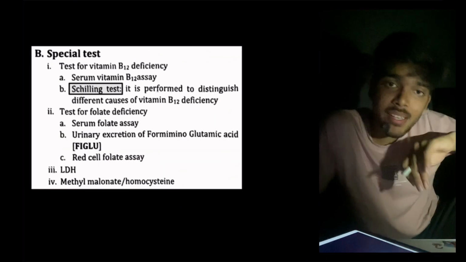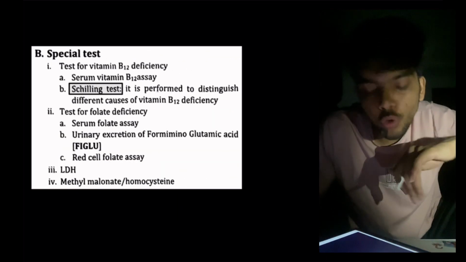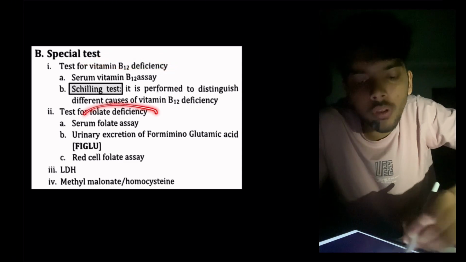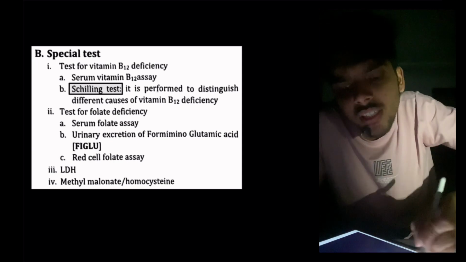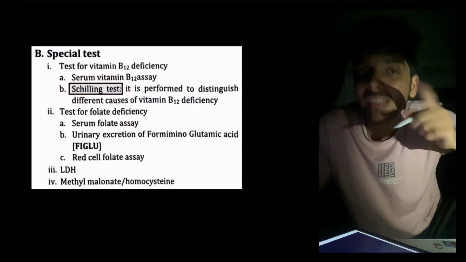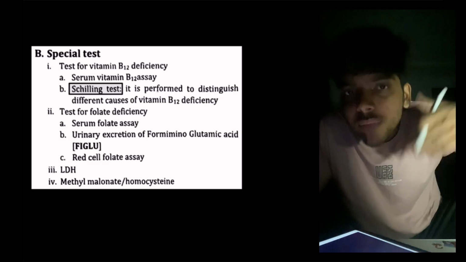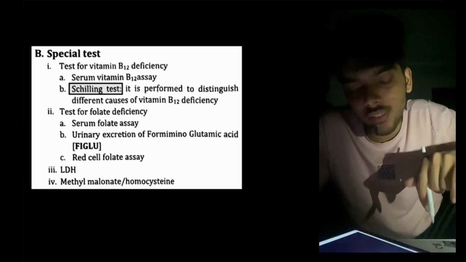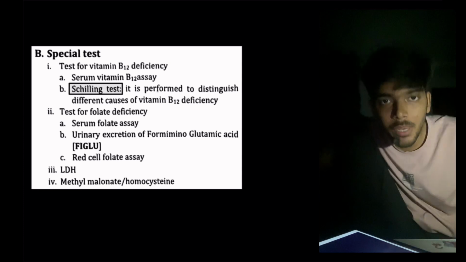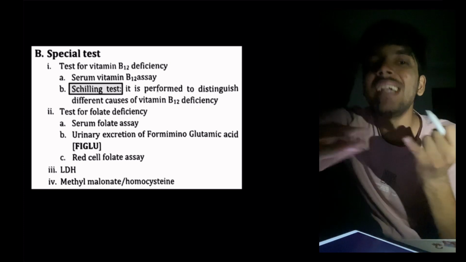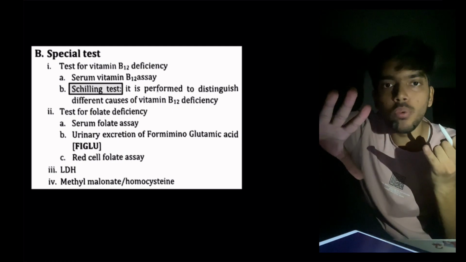There are various tests that are carried out in order to detect vitamin B12 deficiency and folic acid deficiency. But there is a special test which helps you to find out the cause behind vitamin B12 deficiency. See, how can vitamin B12 deficiency take place? It can occur if there is decreased intake of vitamin B12.